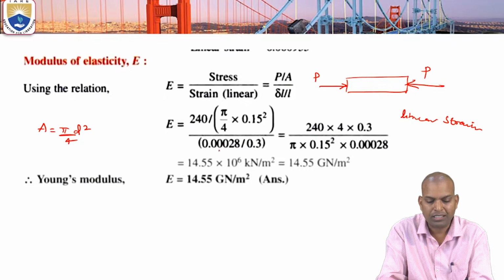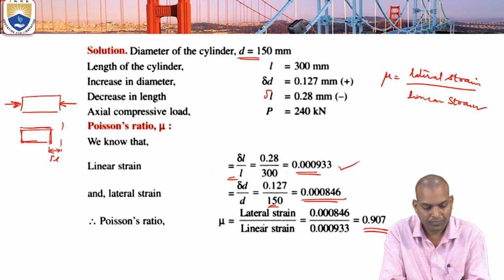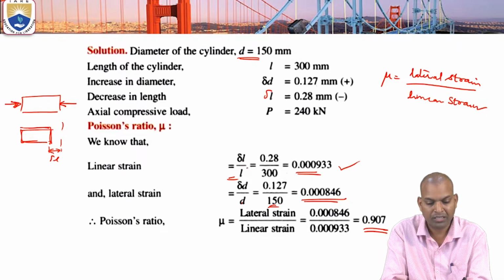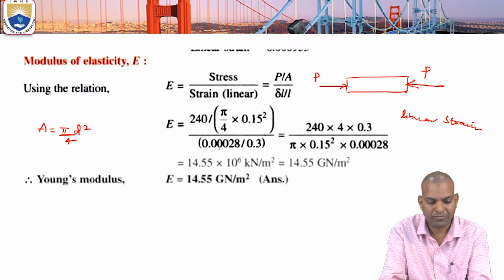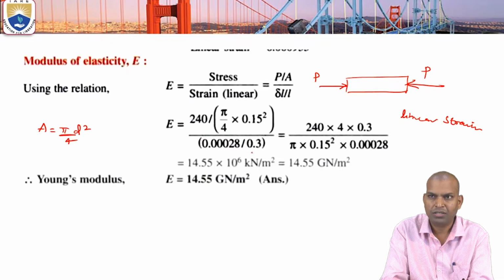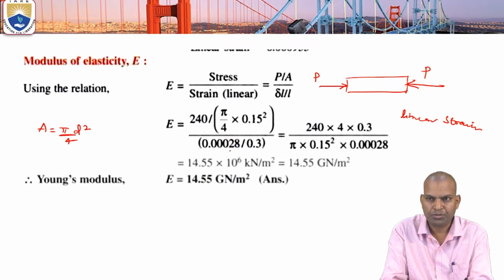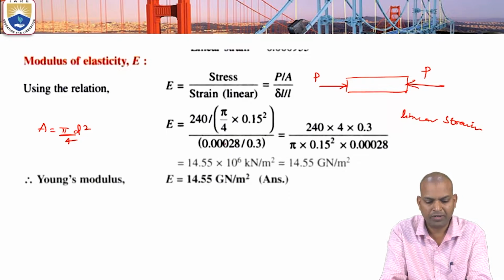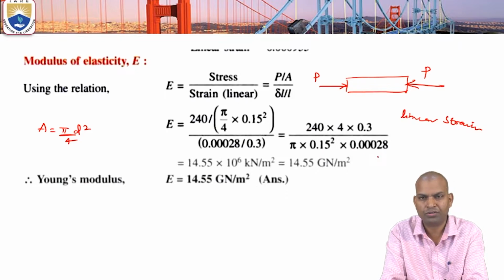And delta L by L in terms of meters is 0.0028 by L, where L is 0.3 meters. Substituting the obtained values, 240 into 4 times 0.3 by pi times 0.15 square times 0.0028.